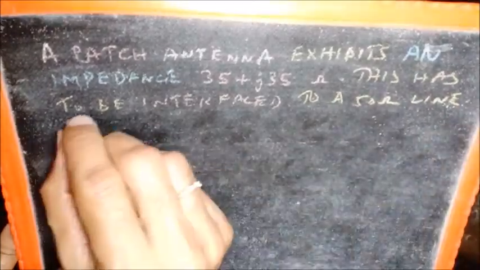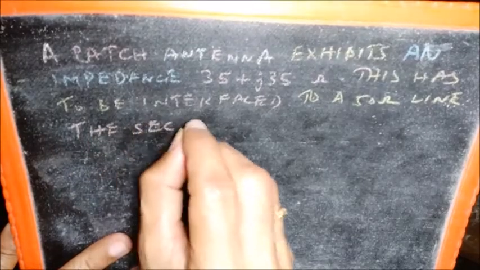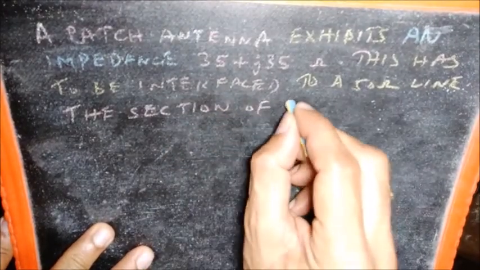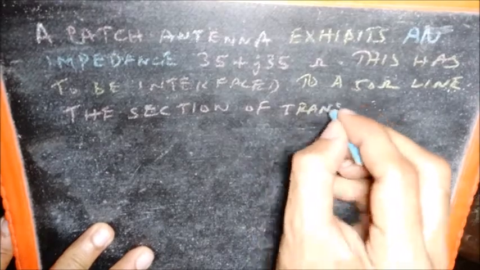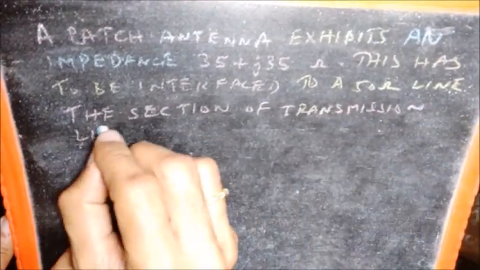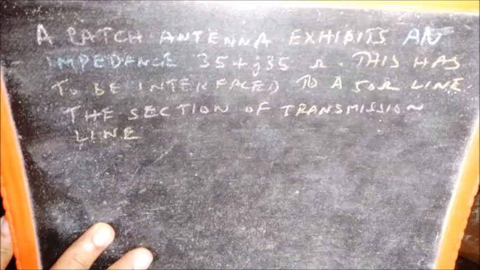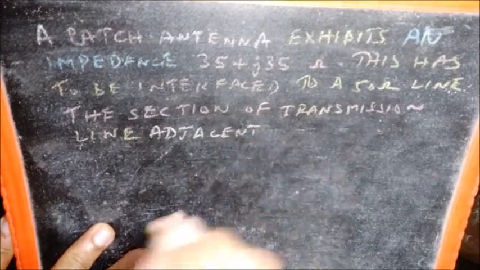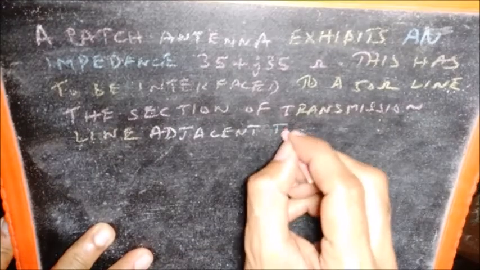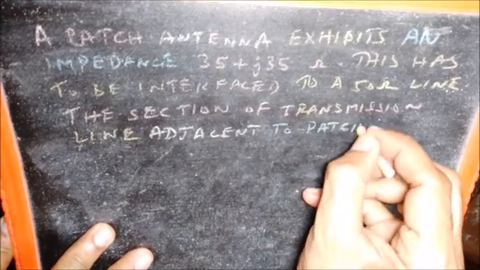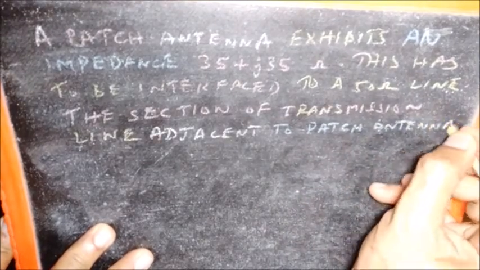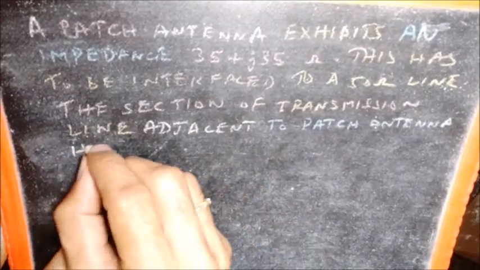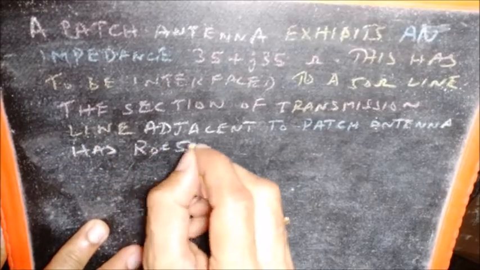The section of transmission line adjacent to patch antenna has R0 equal to 50 ohms.